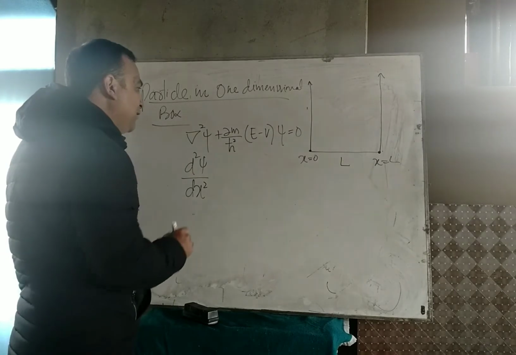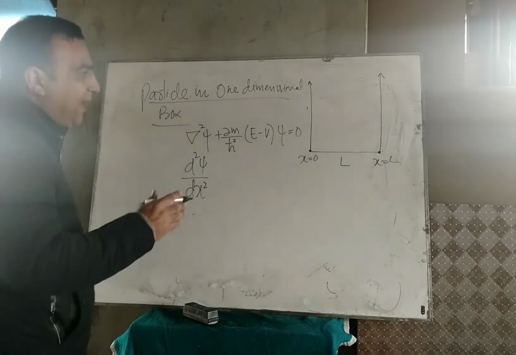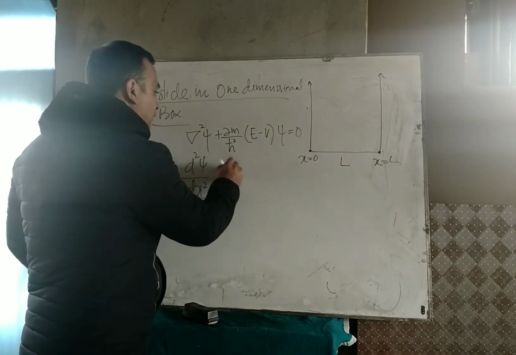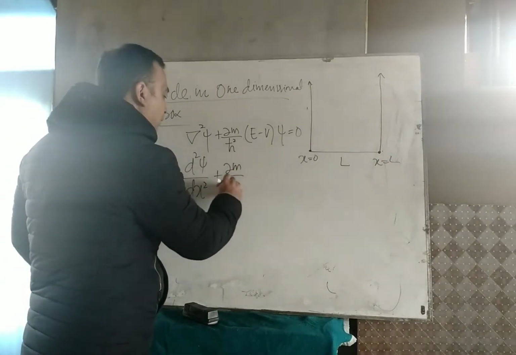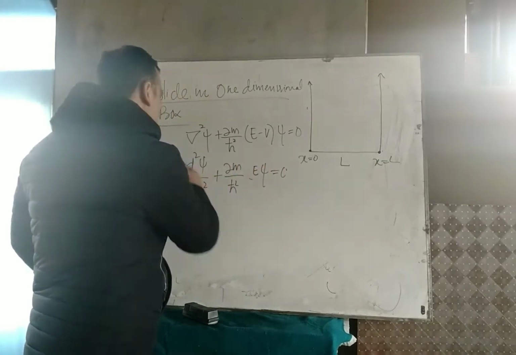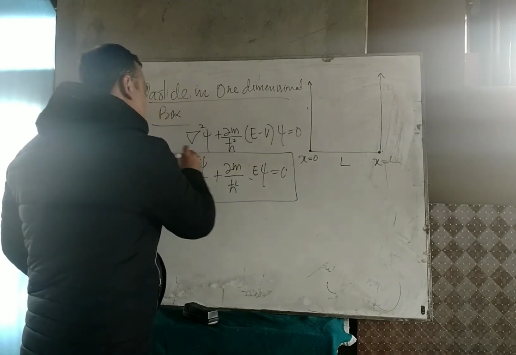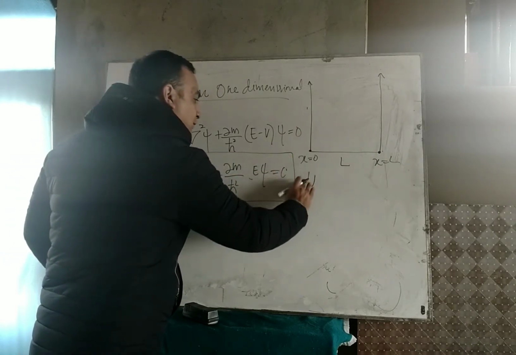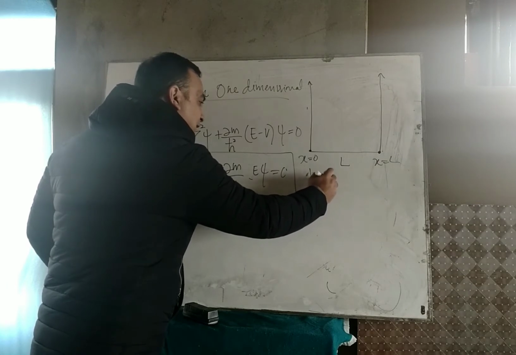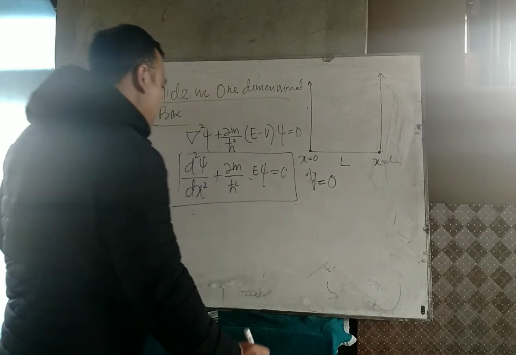There's no need of writing the partial derivative here because only x is changing in this problem. Plus 2m by h bar square E psi is equal to zero, because in the given problem the potential energy V is chosen to be zero.